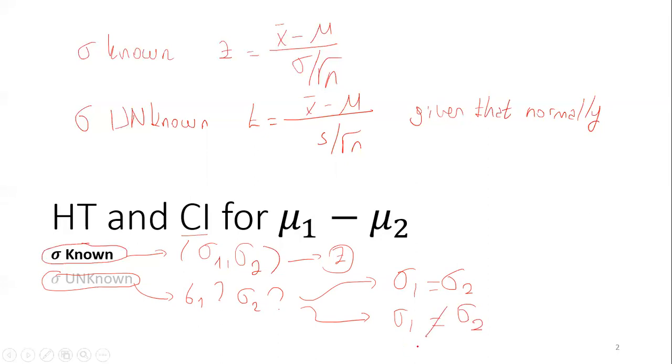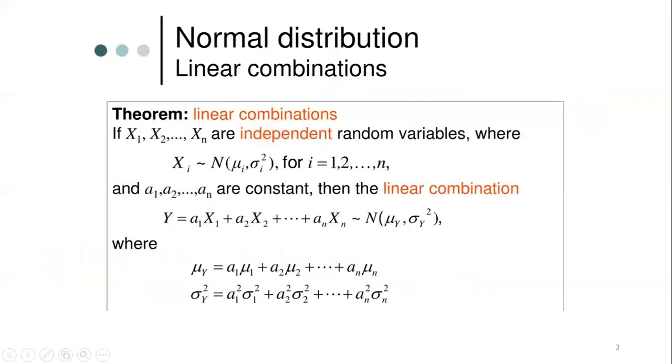Now, let's say this first theorem, which says that if you have n many random variables, the xi's, which means x1, x2, ..., xn, each of them has different mu's and different sigmas, which means each of them has a different mean and a different standard deviation or variance, and they are normally distributed.